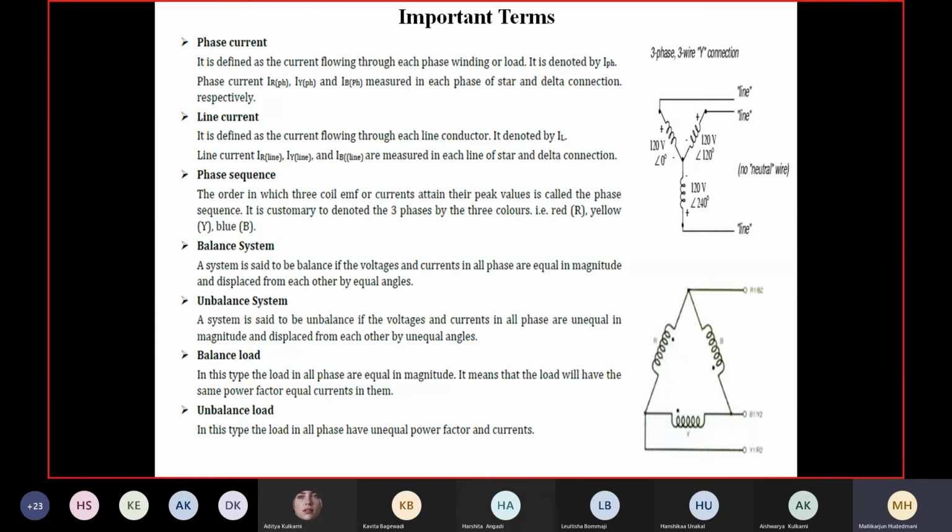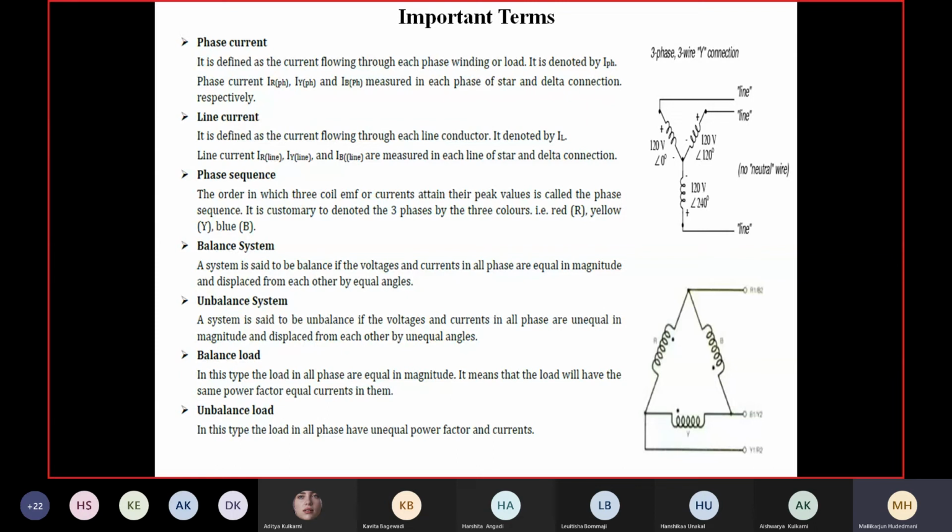Then the next question, balanced system. When the word balanced is used, the set of induced EMFs, ER in the first group, EY in the second group, EB in the third group, should be the same in magnitude. They should have a perfect phase angle difference, 120, 120, 120. That is called a balanced system.